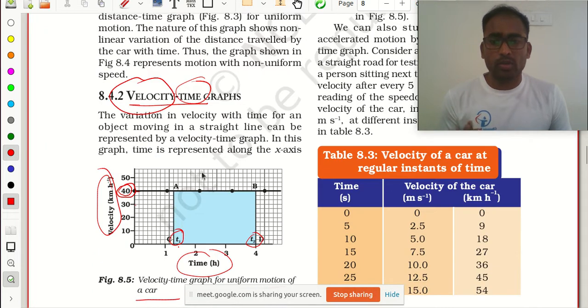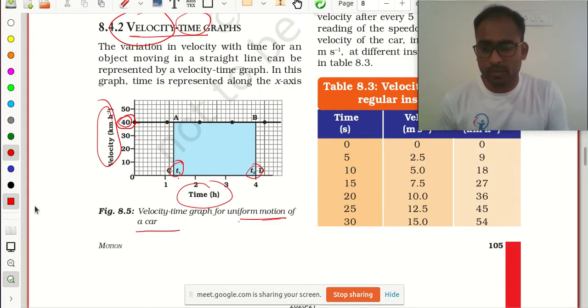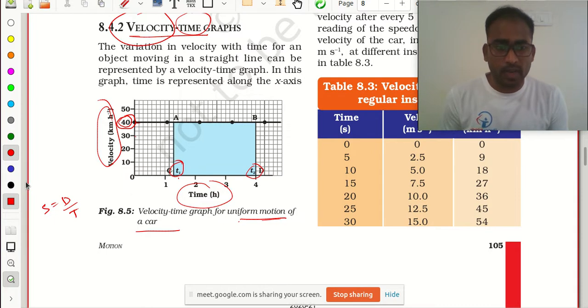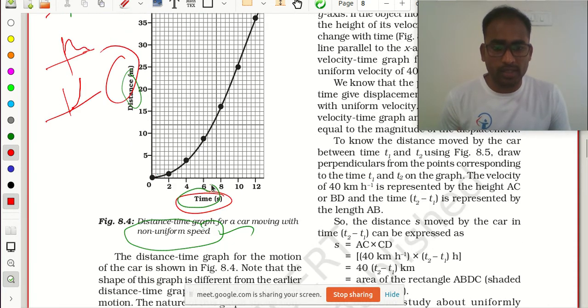So how do we calculate the velocity? Normally we know speed is equal to distance by time. When you consider only the magnitude, the velocity is equal to the speed.